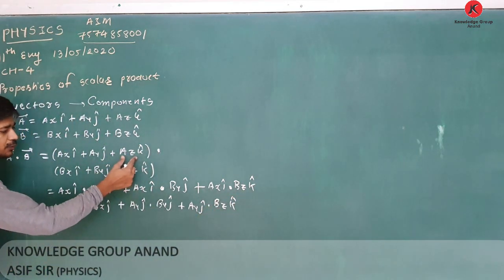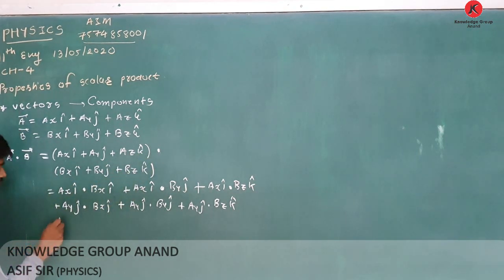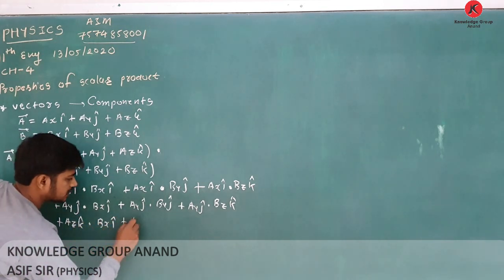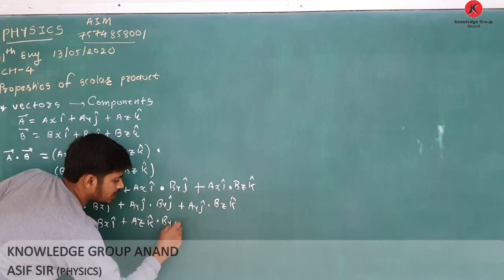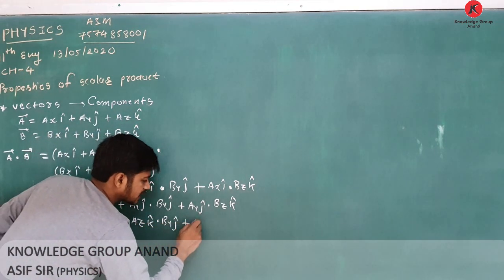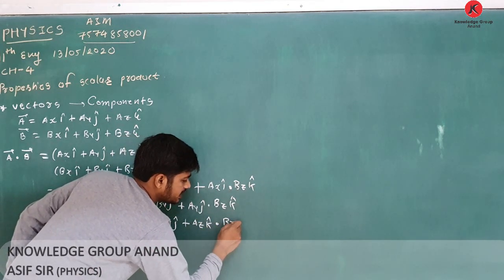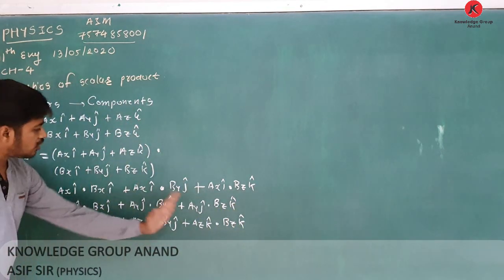Now we will take the dot product of Az k with these three terms. So plus Az k dot Bx i caret, plus Az k dot By j caret, plus Az k dot Bz k. Clear about this? So yes, it is a very long expression.